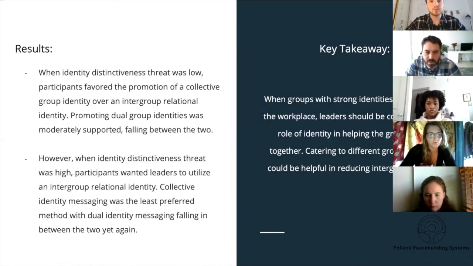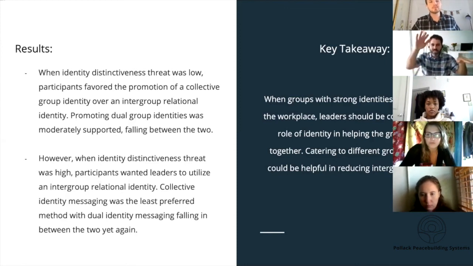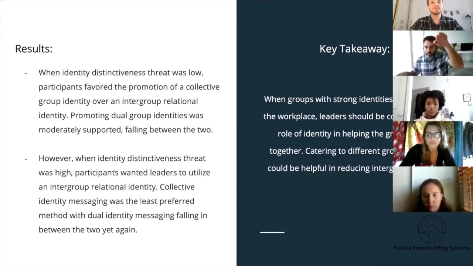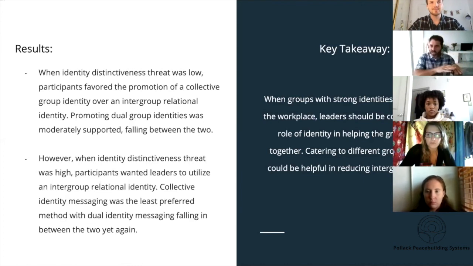So someone reads the collective and they feel threatened, they don't prefer that leader. But someone reads the intergroup relational and they feel threatened, and they have a high estimation of the leader.